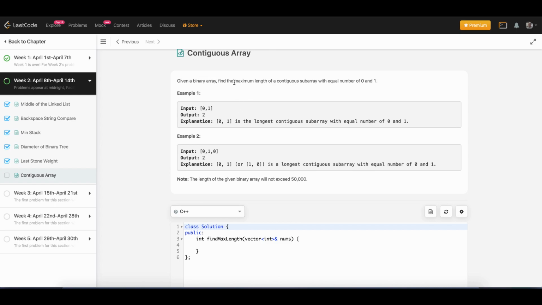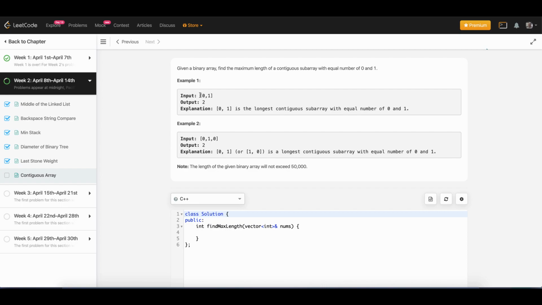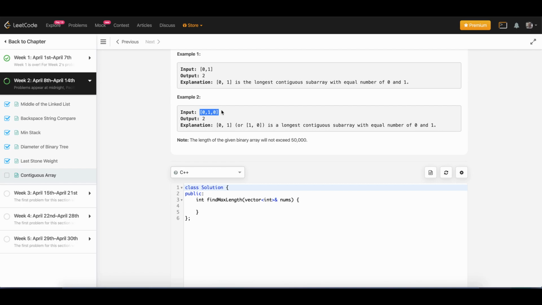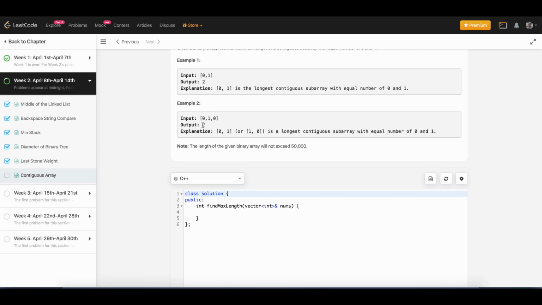For the first example, we can see 0 and 1, and the length is 2 because in this there are equal numbers of 0 and 1. In the second, 0, 1 is the longest contiguous subarray with equal number of 0 and 1. In the third array the answer is also 2, because we can take either 0, 1 or 1, 0.